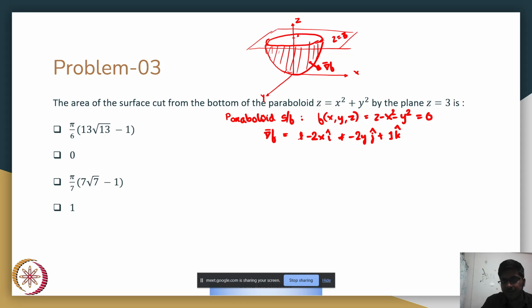This whole surface, the paraboloid surface, I'm denoting by sigma, whereas this projection I'm denoting by A. Then the relation between d sigma and dA is given by d sigma is nothing but norm of grad f upon grad f dot p, dA.